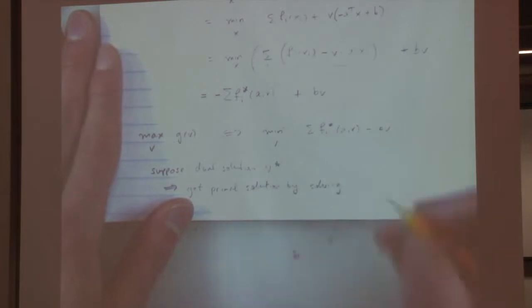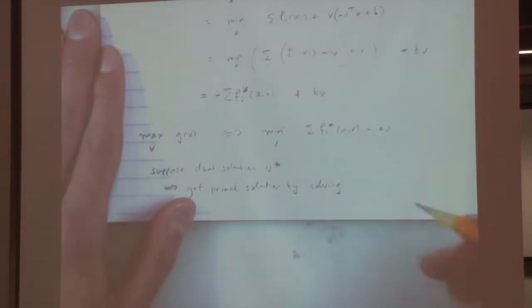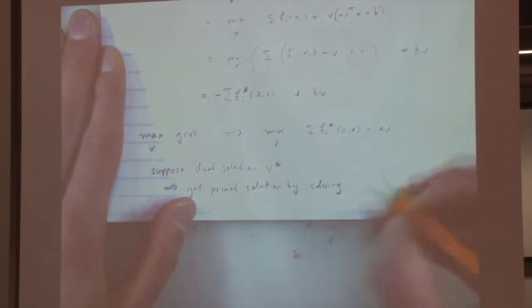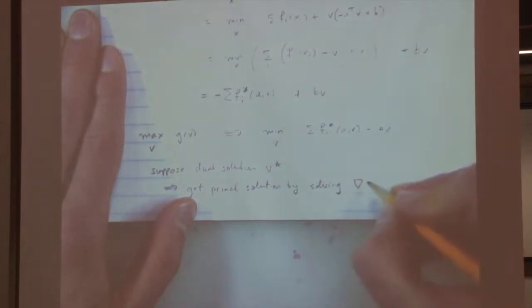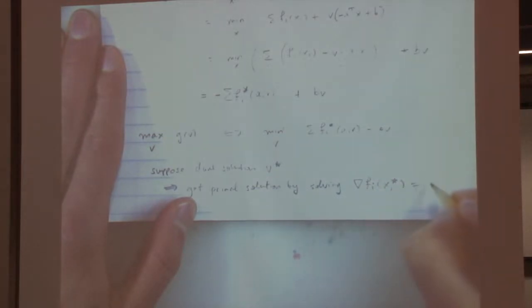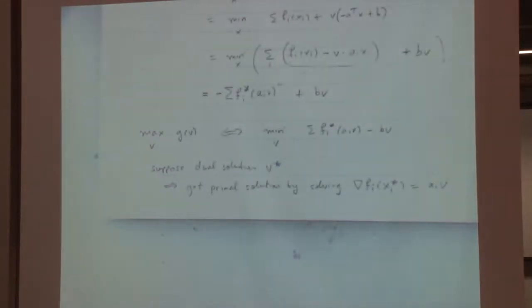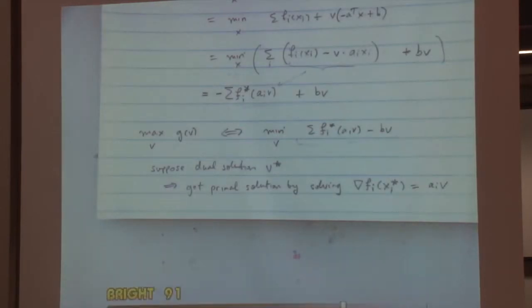And we do that by taking its gradient and setting it equal to 0, for example. I told you that fi was differentiable, assuming it's convex. So we have to solve this equation for every i. If we can solve that, then we get back the primal solution.